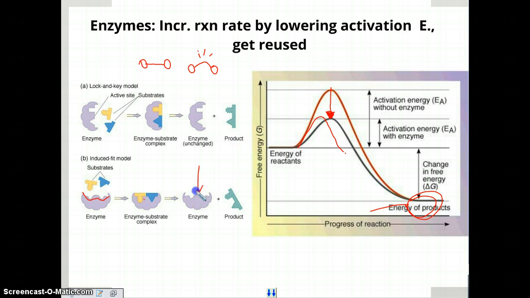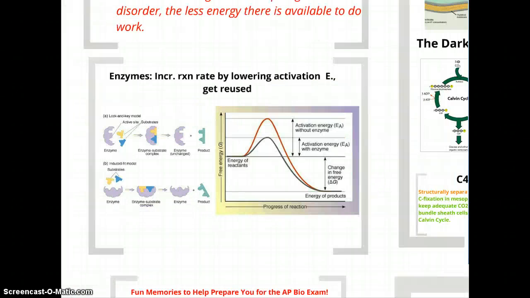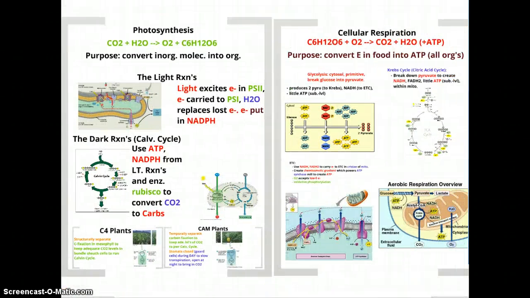And what's important to note is after the product is released, the enzyme goes back to its original conformation, its original shape, so that it can be recycled back and perform that reaction again. How fast? Up to maybe 400,000 times per second. So pretty remarkable. So enzymes are important because they allow reactions to happen at speeds needed for life and at temperatures low enough to not compromise protein integrity. And not like its honesty, but it's like its shape.